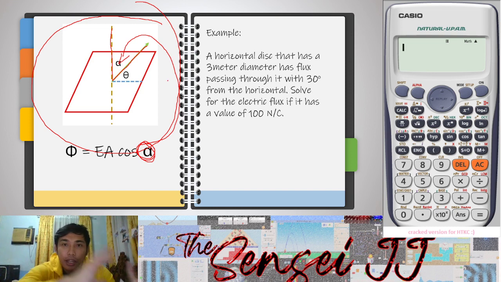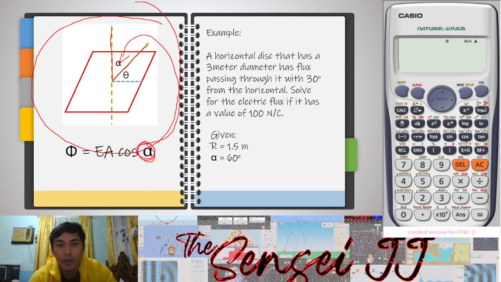Okay, so let's go to our example. A horizontal disc that has a 3-meter diameter has flux passing through it at 30 degrees from the horizontal. Solve for the electric flux if the field has a value of 100 Newton per Coulomb. So we have here a radius of 1.5 meters and an alpha of 60. Sir, why is it alpha of 60?